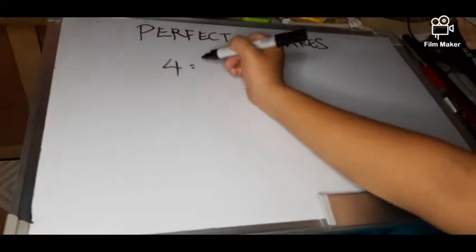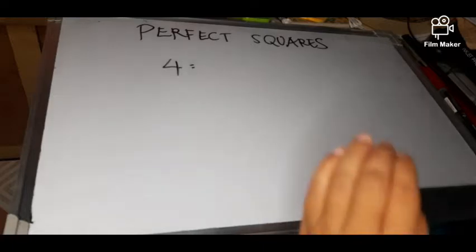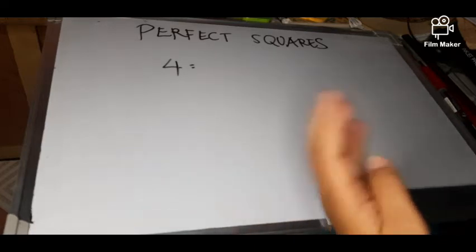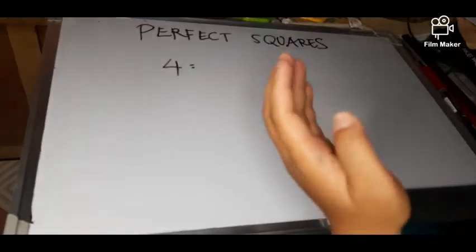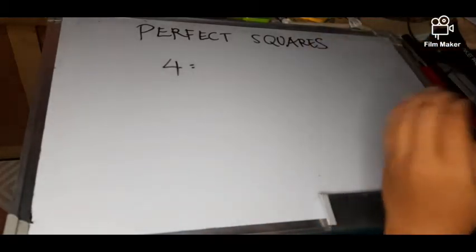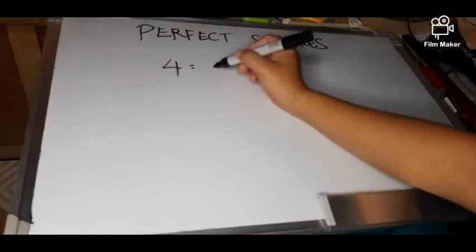Madali lang po yan. How to get the perfect square? Paano natin makuha yung square root? Okay. Is this a perfect square? Yes or no? Yes, this is a perfect square.